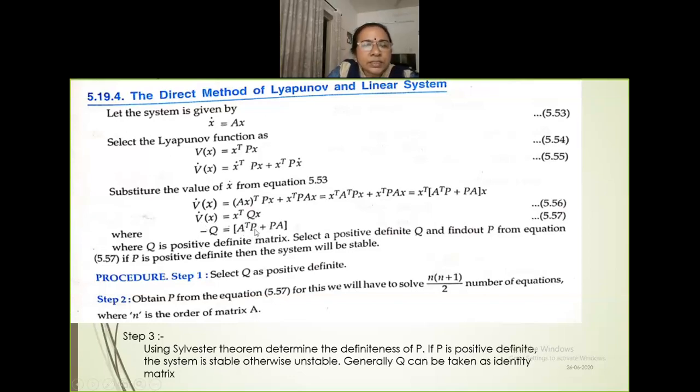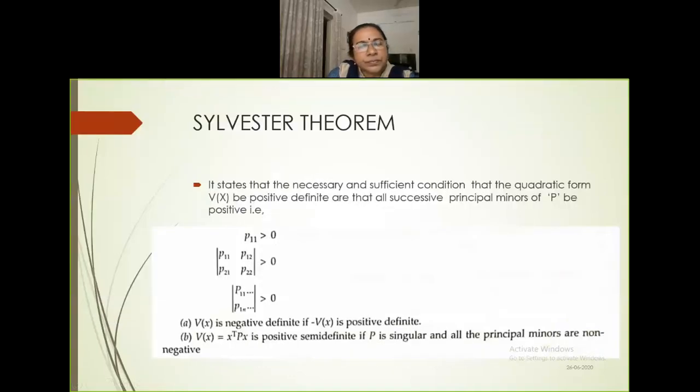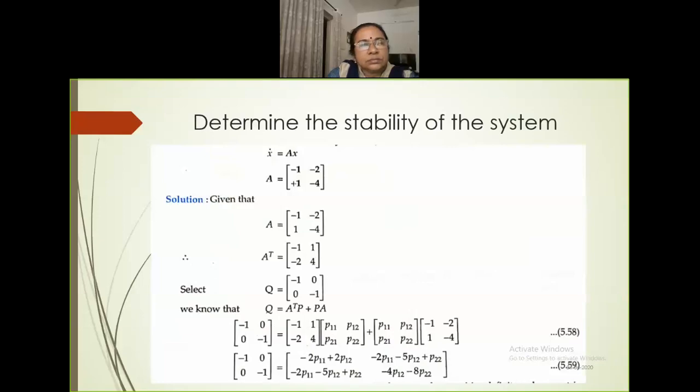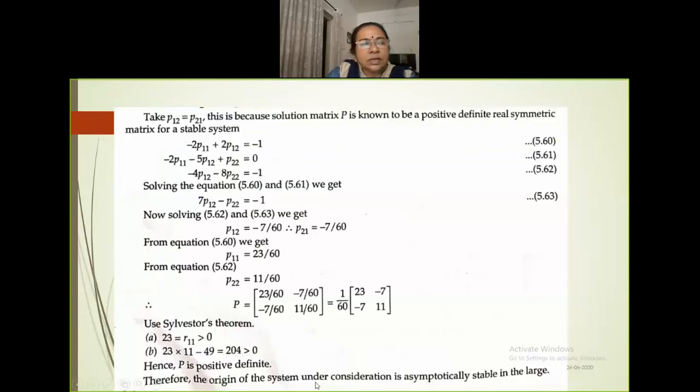Then you apply Sylvester's theorem for the stability. That is what we are doing. Equate the Q, get the P matrix, use Sylvester's theorem, analyze whether P is positive definite. If P is positive definite, you can say the system is stable in the large.